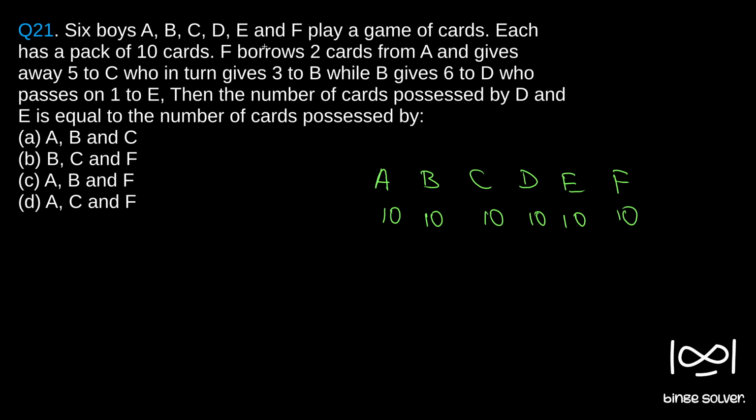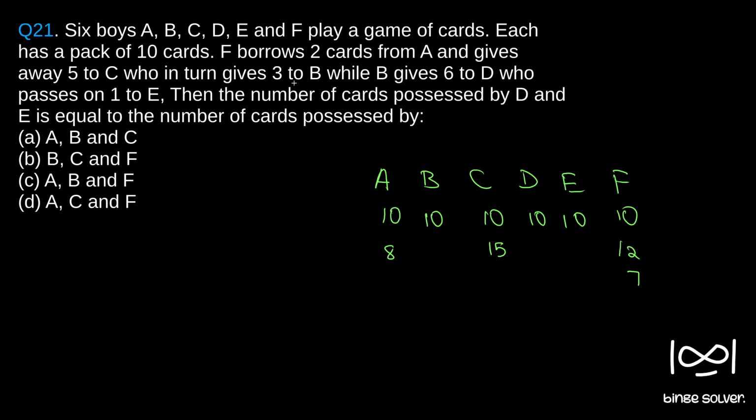Now F borrows 2 cards from A. So that means A's cards become 8 and F's cards become 12. Then F gives away 5 to C. So from this, 5 cards are given to C. So that means F becomes 7.